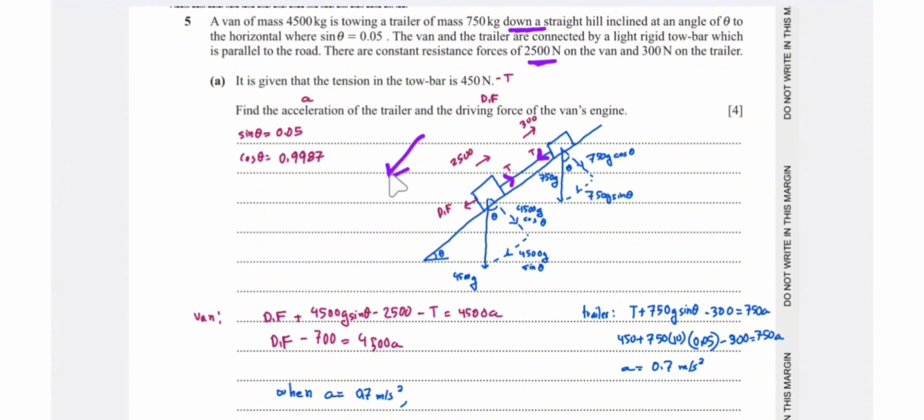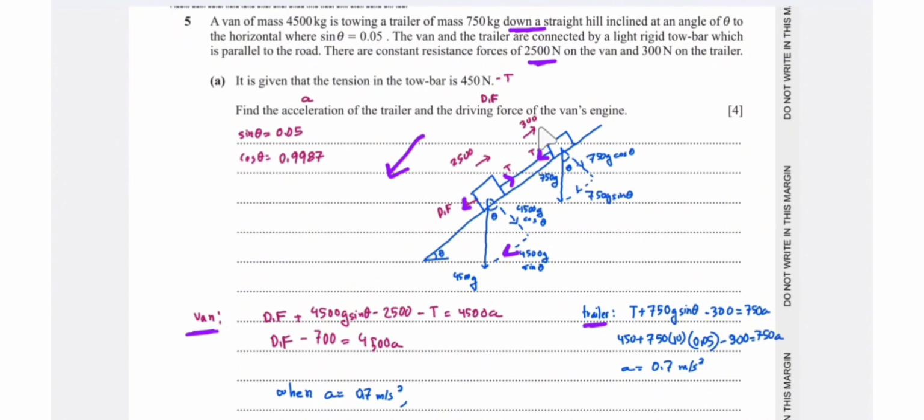Then the driving force is forward, plus 4500g sine theta, minus the resistive force acting backward, and also the tension force acting backward, is equal to mass times acceleration. The mass is 4500 and this is for the van.